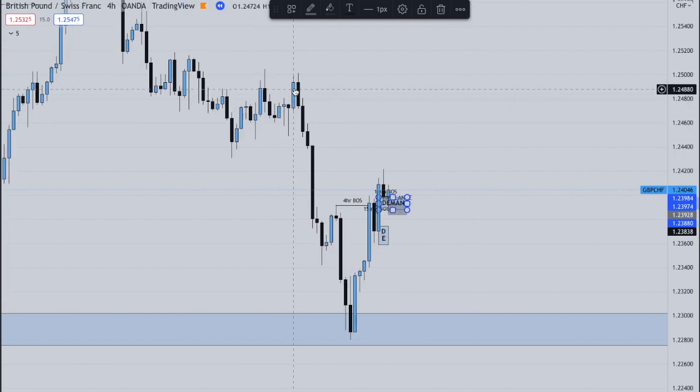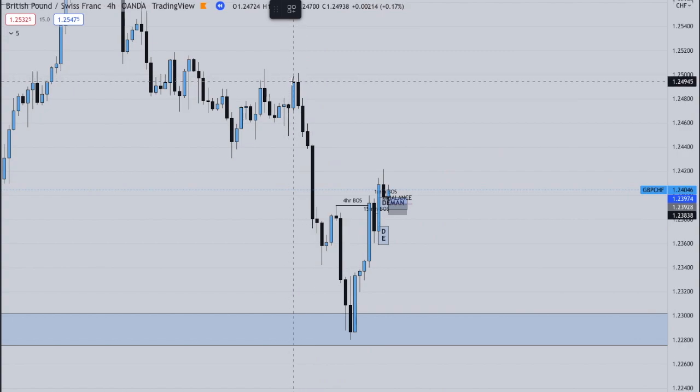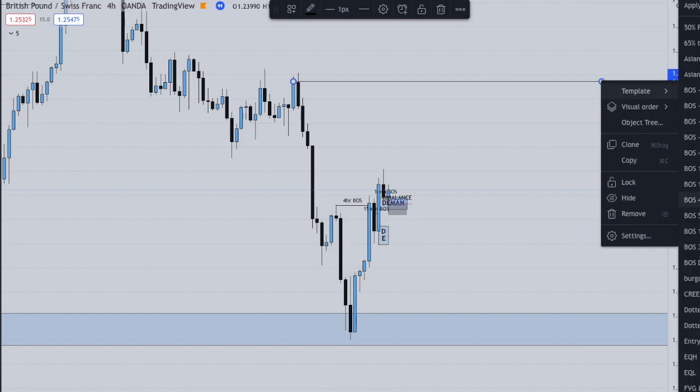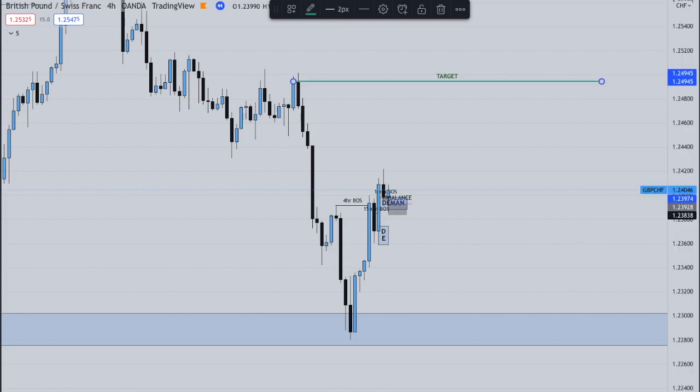So if you notice, lower high, lower low, lower high. This is the last lower high before the break of structure. So we're going to set this area here as our target for our TP.